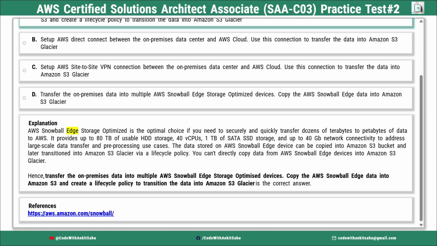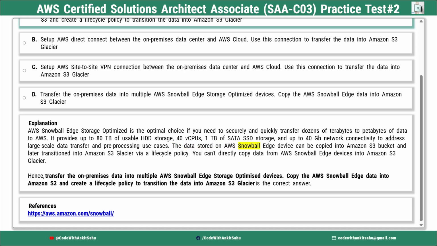Explanation: AWS Snowball Edge Storage Optimized is the optimal choice if you need to securely and quickly transfer dozens of terabytes to petabytes of data to AWS. It provides up to 80 TB of usable HDD storage, 40 vCPUs, 1 TB of SATA SSD storage, and up to 40 GB network connectivity to address large-scale data transfer and pre-processing use cases.